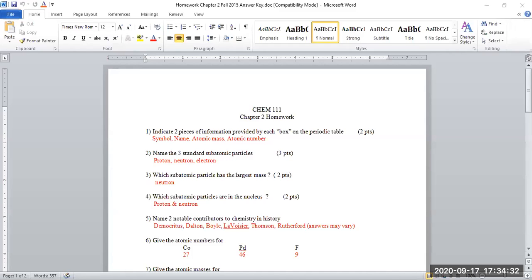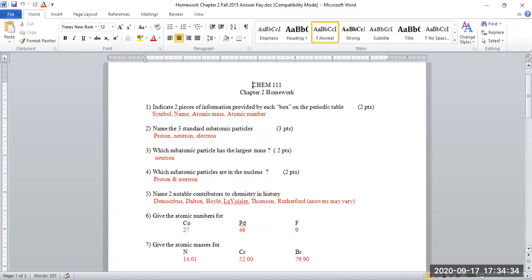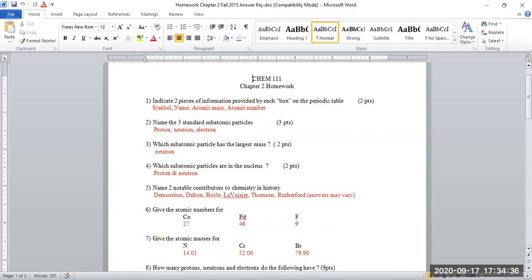All right, so a lot of the stuff on the front page is relatively straightforward. Some of it's just to make sure you're paying attention to the right types of information. 2 pieces of information in each box. Obviously, each box represents an element on the periodic table. I listed 4 things on the answer key.